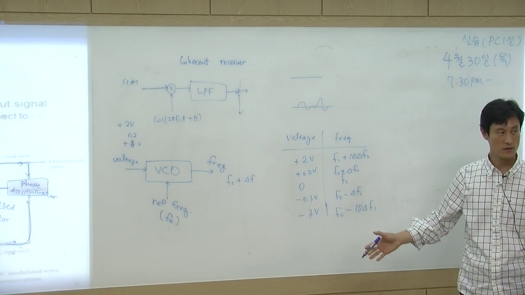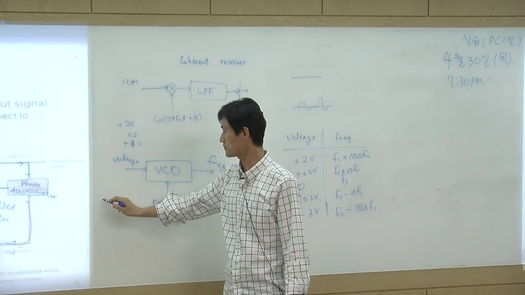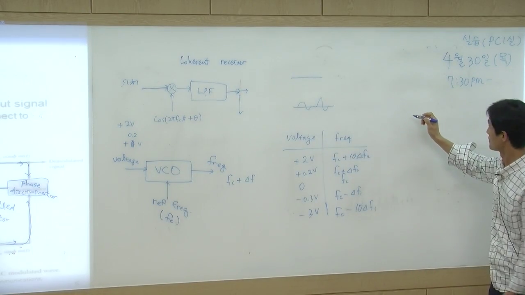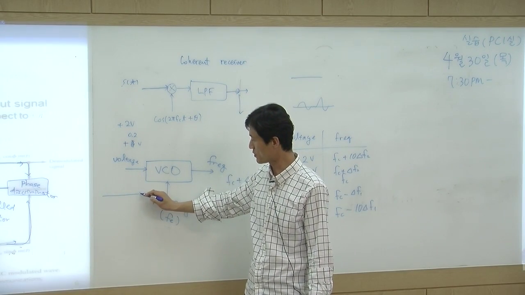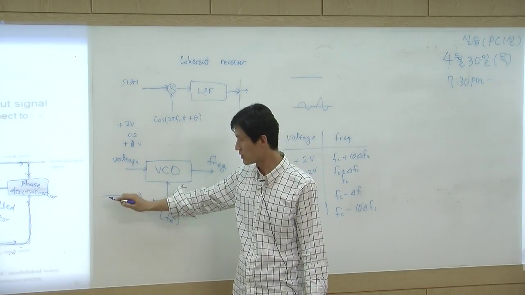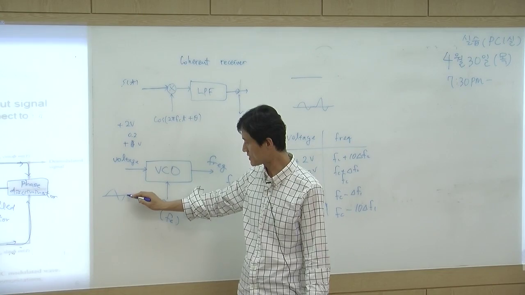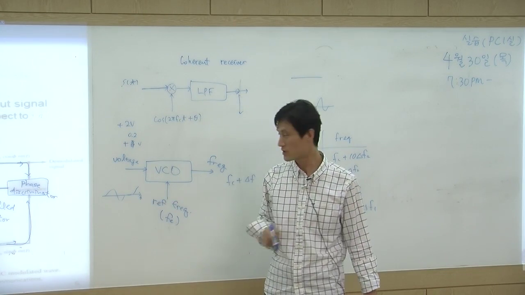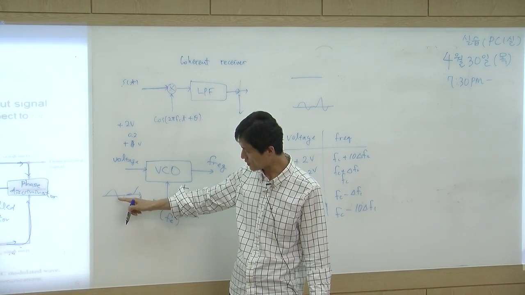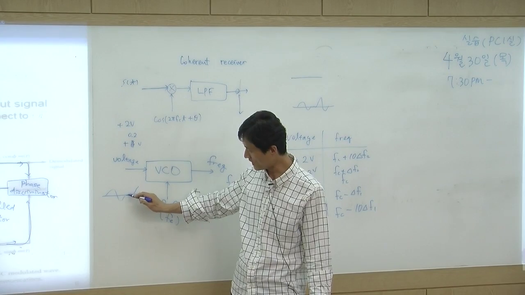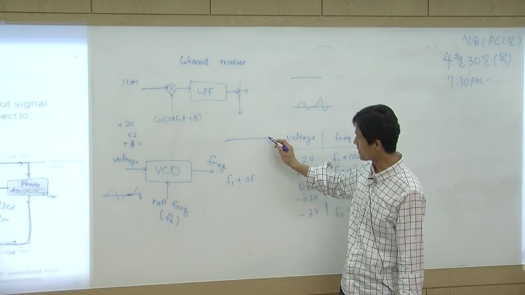So do you see the idea? Let's draw the input voltage here, in the time domain. The input voltage goes up, goes down, goes up, stays 0, goes up. If the input voltage goes to the positive, sometimes goes to the negative, and sometimes is flat at 0, something like this, now let's look at what the output is going to be.